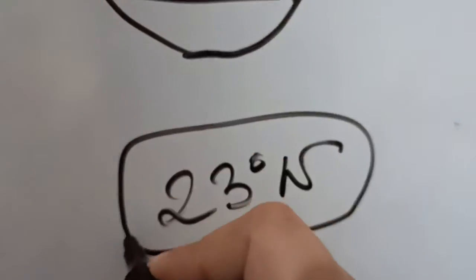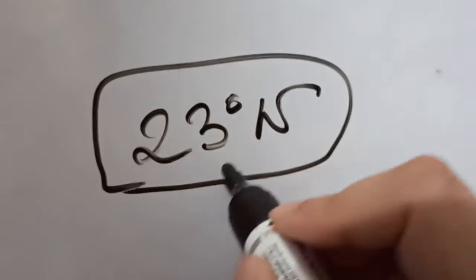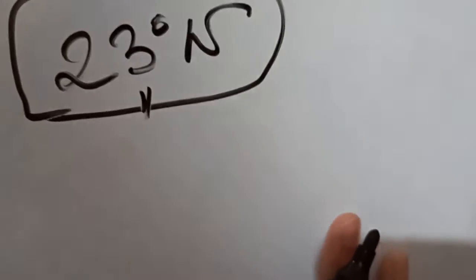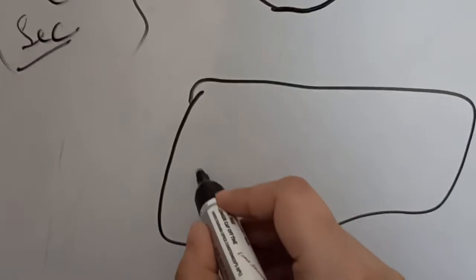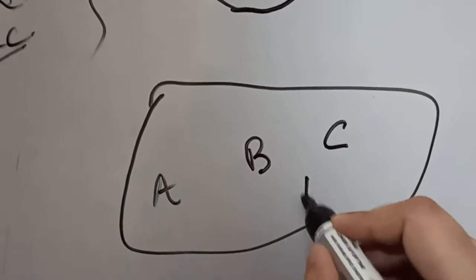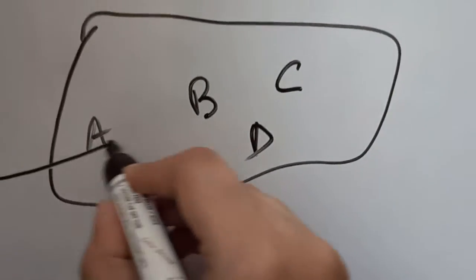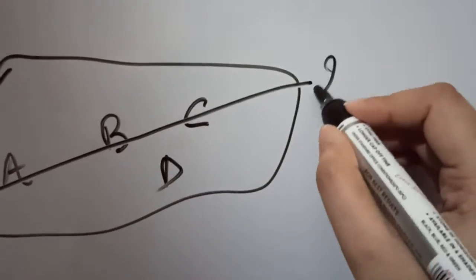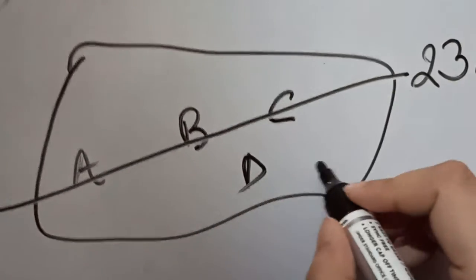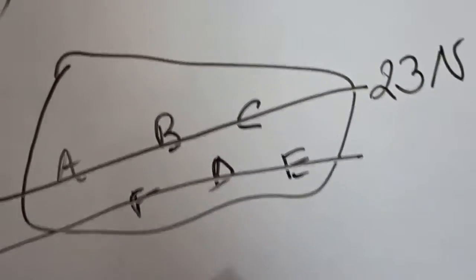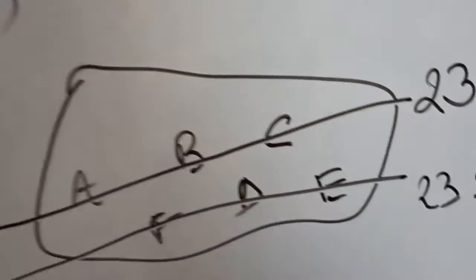This particular latitude passes through many places on the earth's surface. For example, places named A, B, C, D, and there is a latitude passing through over here, and the value of the latitude is 23 north. There are other places over here like E, F, and there is another latitude passing here, for example 23 south.